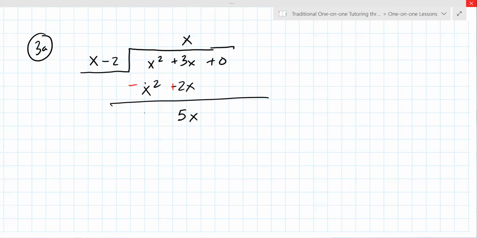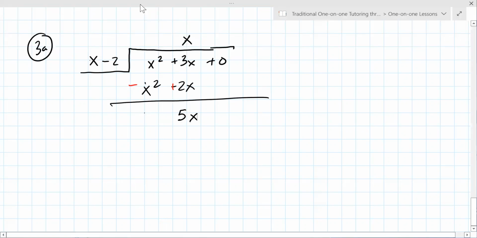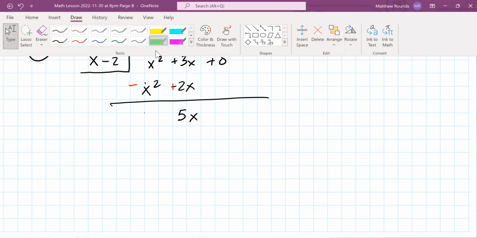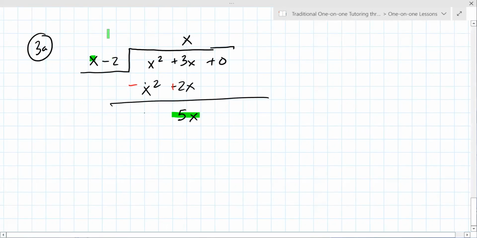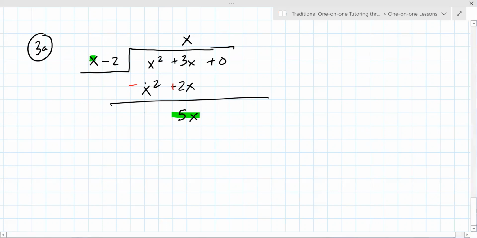Nope, you have that. Okay. So you want to get 5x from this x. How do you do that? What do you multiply x by to get 5x? 5. 5, yeah.